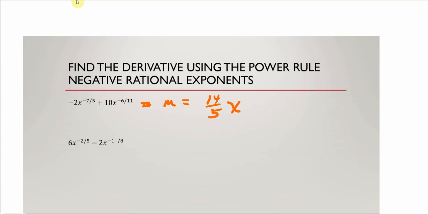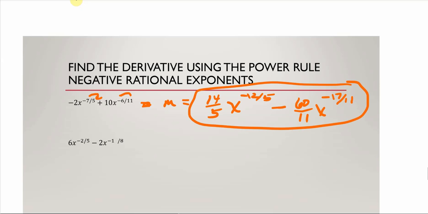Now let's use that shortcut. 7 minus 5 is negative 12/5 minus 60/11 x to the negative 6 minus 11, which is going to be negative 17/11. And this is my answer.